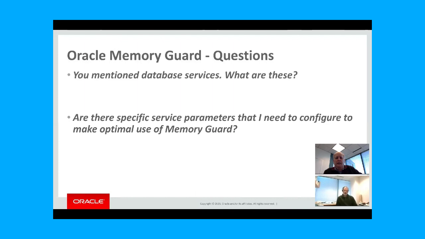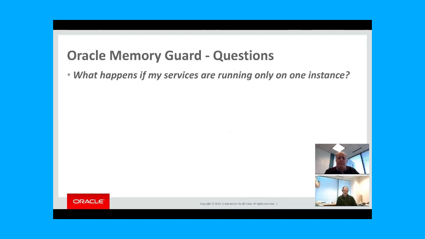So you talked about the fact that services are network endpoints, and that memory guard basically deprives the instance of getting new work on that service to reduce memory stress. Well, what happens if the services are running only on one instance?